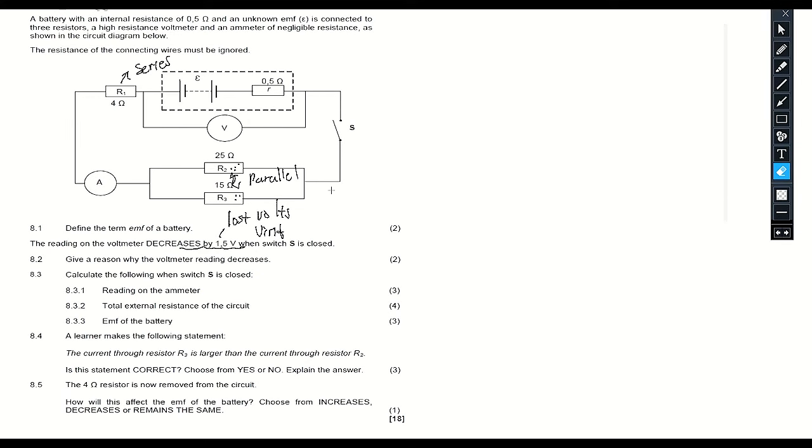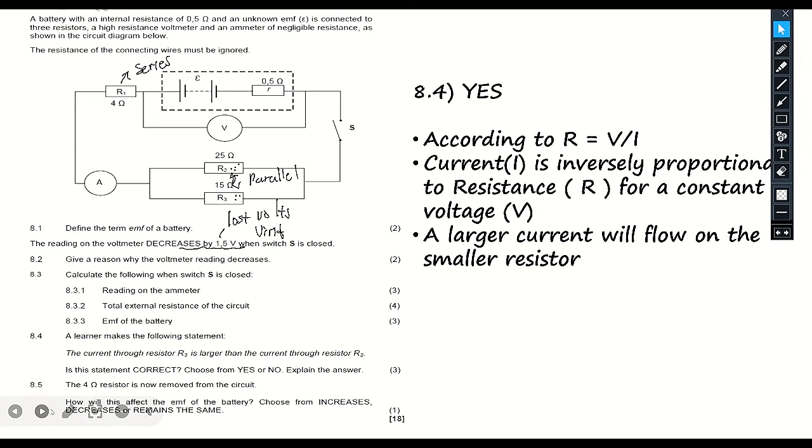Right, so how do we explain that one? Let's quickly see how we're going to explain that. So the answer to that is yes. And then we're going to say according to R is equals to V over I, we know that the current is inversely proportional to the resistance. We know the relationship between current and resistance is that they're inversely proportional.